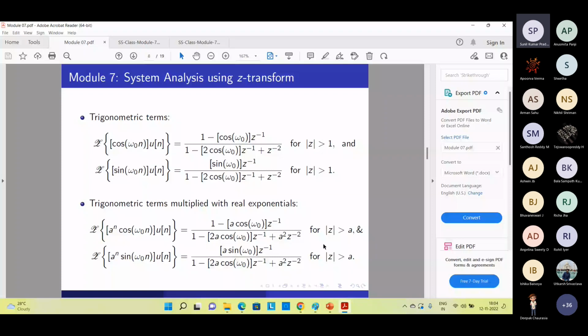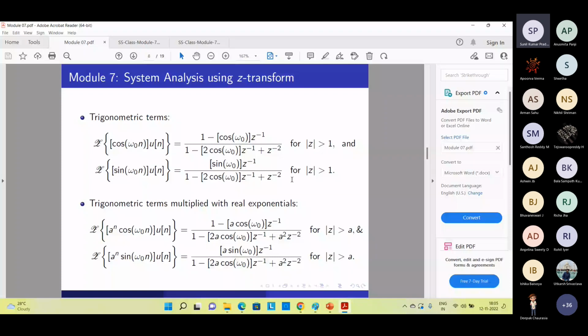It will be mod z greater than mod a. Similarly, a to the power n sine omega naught n u of n will be a sine omega naught z inverse divided by 1 minus 2a cos omega naught z inverse plus a square z inverse square, whose region of convergence will be mod z greater than mod a. So these are some of the important signals you should remember, their Z transform and the corresponding region of convergence.